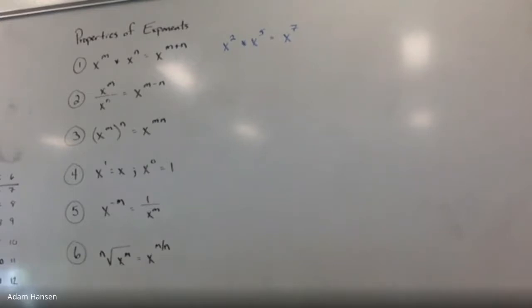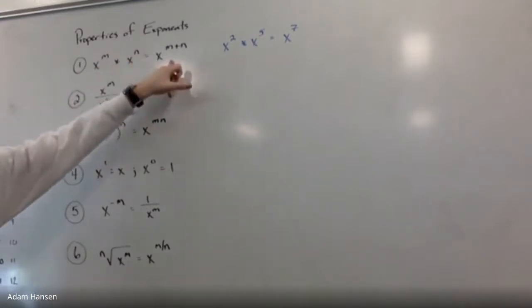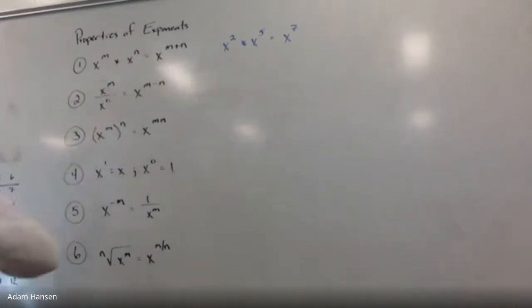I have this many x's multiplying, I have this many x's multiplying, so altogether it's the sum of the 2 in total. Does that make sense?